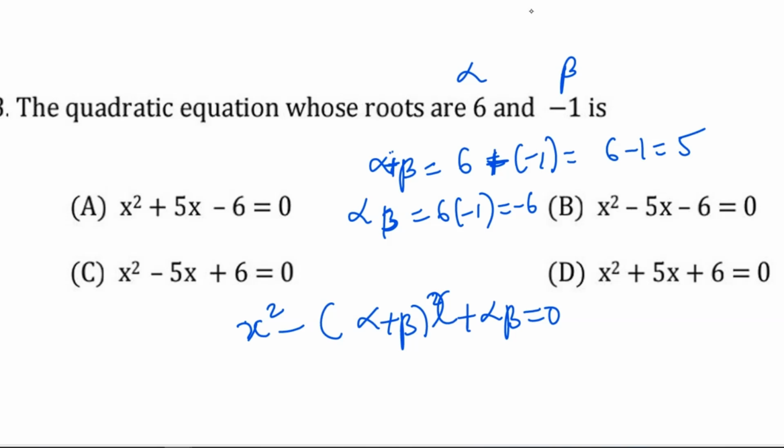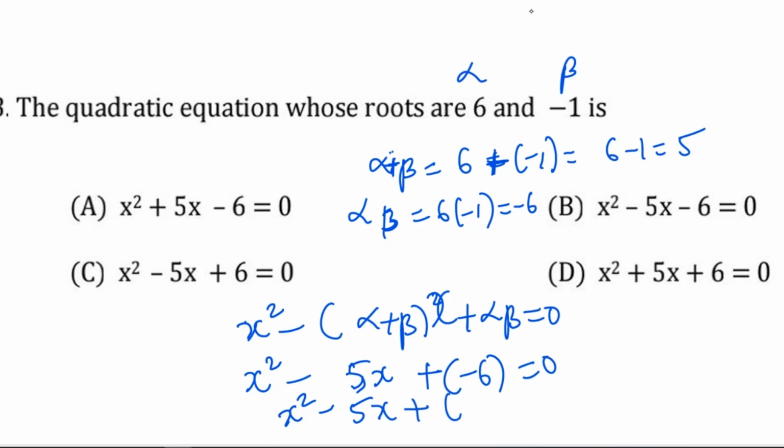So it is x square minus 5x plus, minus 6 equals 0. So that will be x square minus 5x minus 6 equals 0 is the answer.